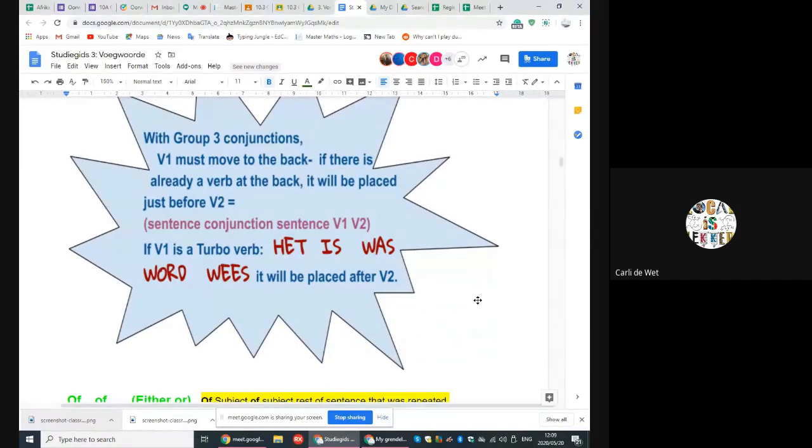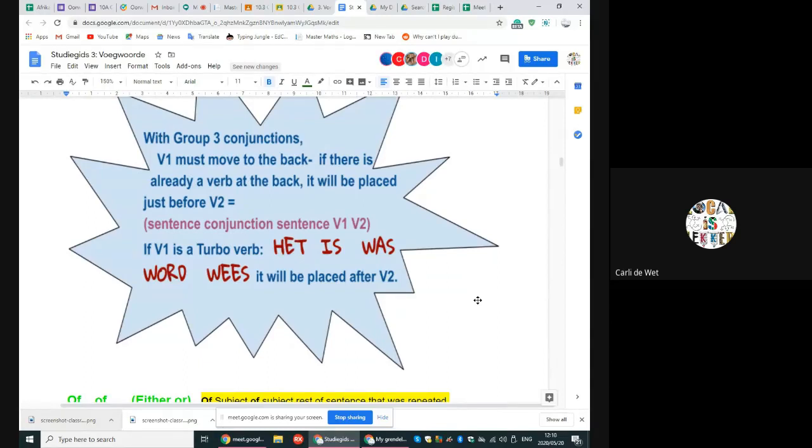So we get turbo verbs in Afrikaans. Usually, if you have to move the verb to the back, and there's already a verb at the back, it will be sentence, conjunction, sentence, verb 1, verb 2.